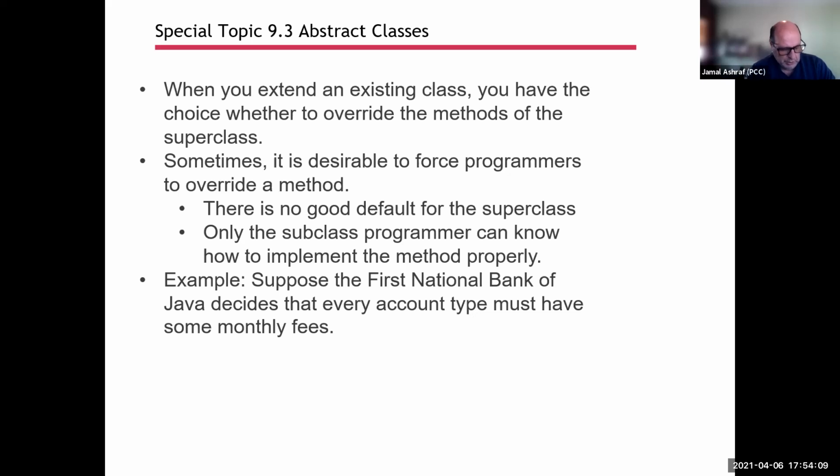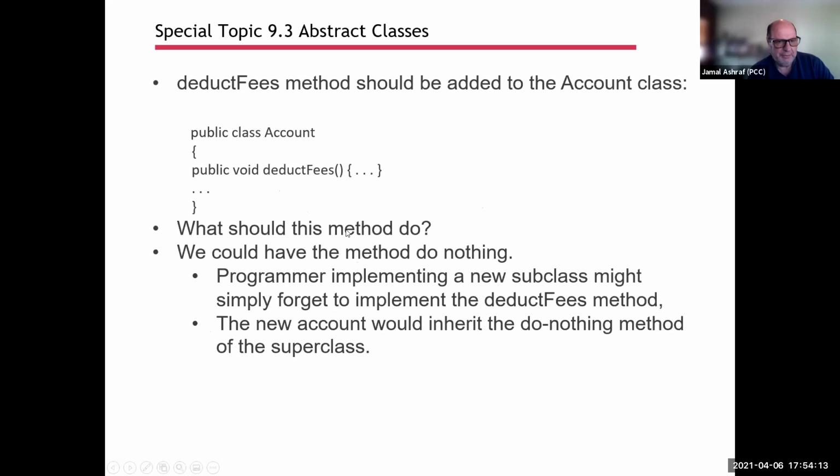I don't know what it is, but I want to be sure that everybody is going to have that method. So I'm going to have a method called deduct fees. This deduct fees in my superclass does not have any implementation.